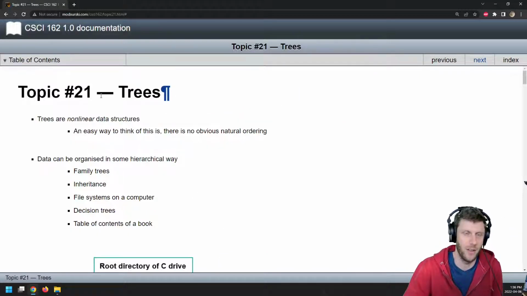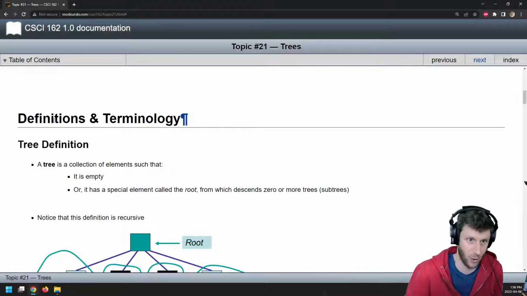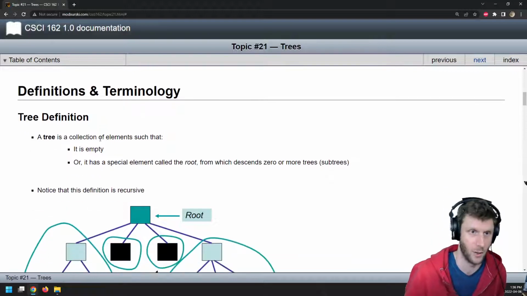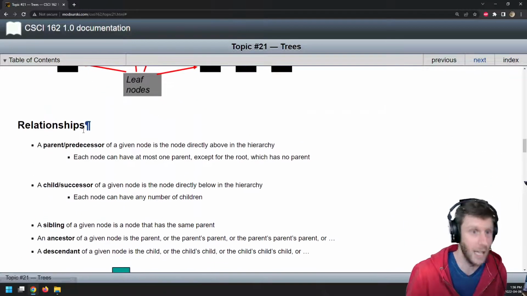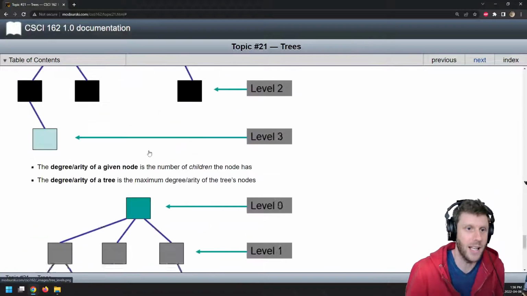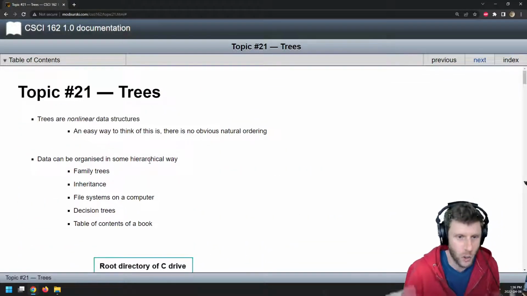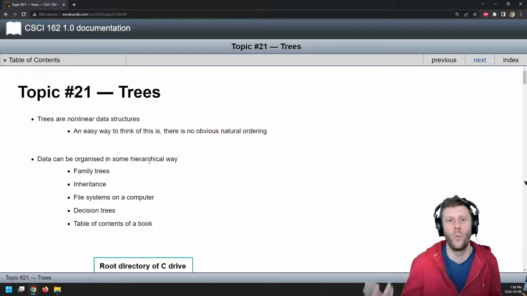We have the topic name trees, and then a subcategory called definitions and terminology. Under that, I have another subcategory, tree definitions, nodes, relationships. I could draw all of this as a tree. The data is organized in some hierarchical way.